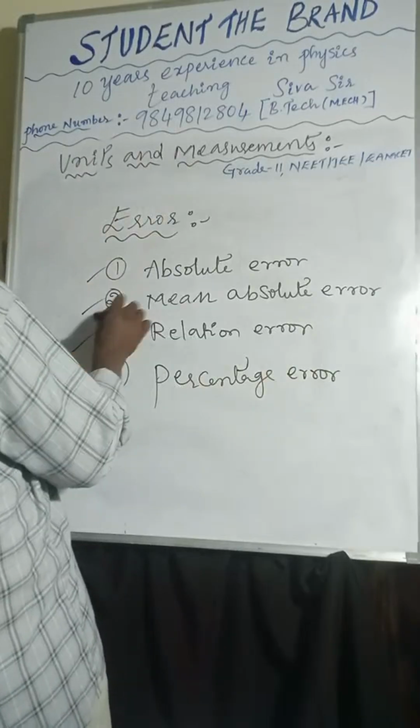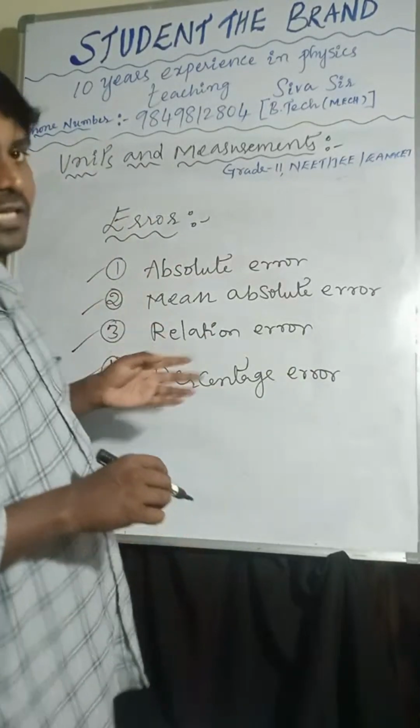Absolute error, mean absolute error, relative error, and percentage error. These are the 4 types of errors.